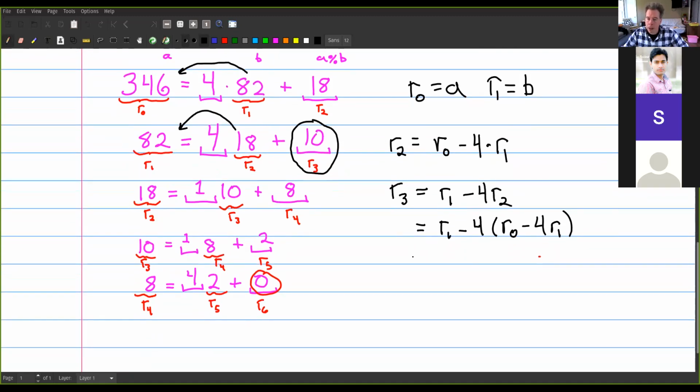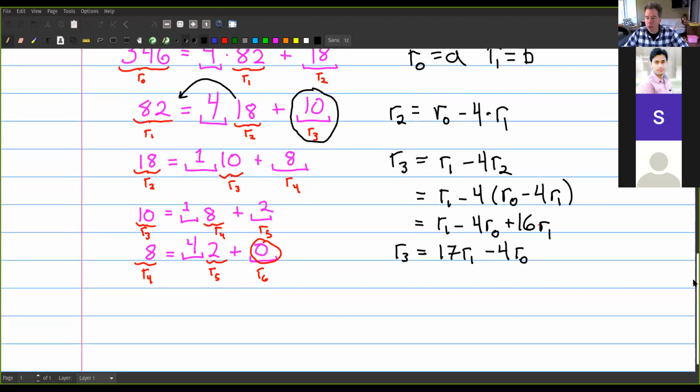And now I feel like I'm losing people probably, but maybe that's the good thing about having this be recorded. So this is minus 4 R0 plus 16 R1, which equals 17 R1 minus 4 R0. Okay, so that's R3.